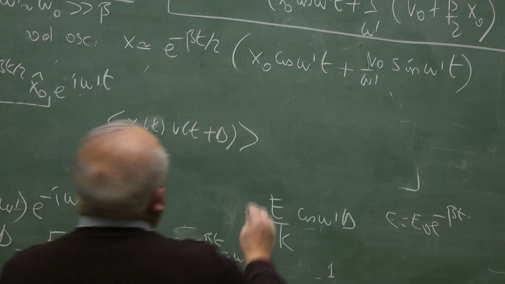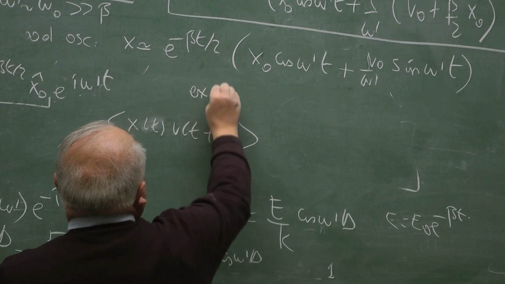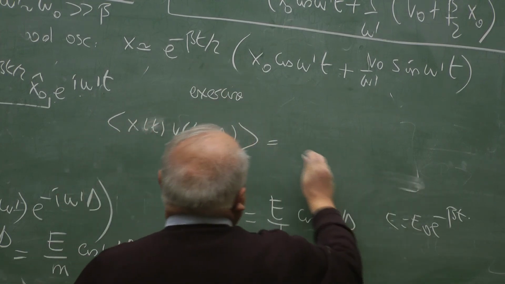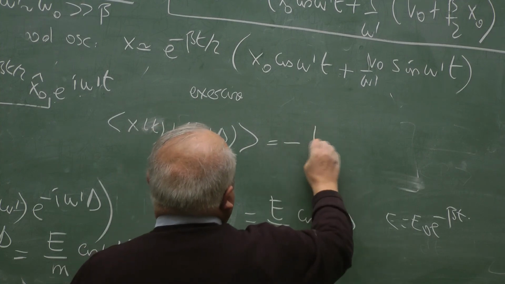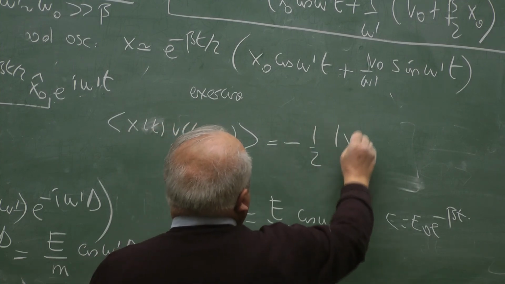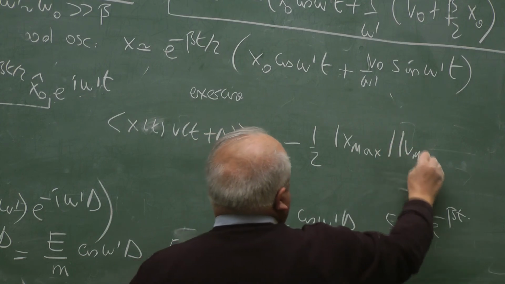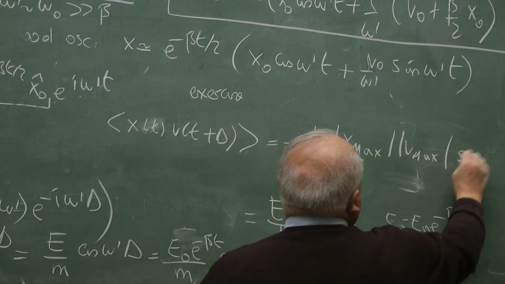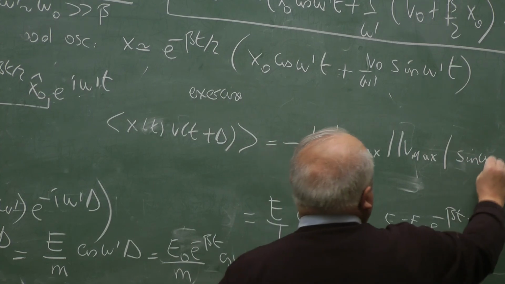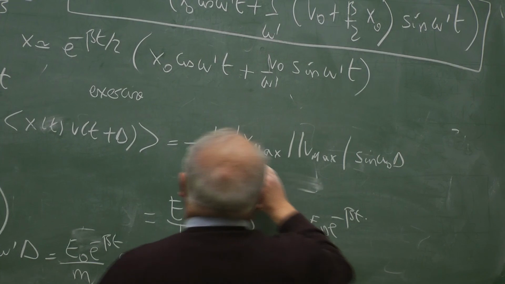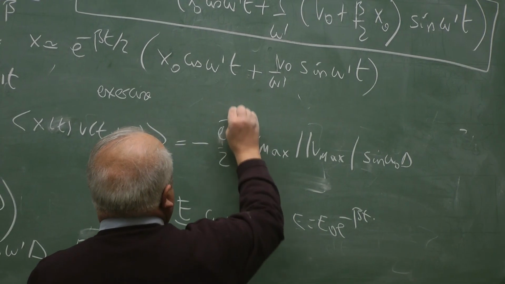All right, show that, exercise. Show that this is minus 1/2 x max v max sine omega 0 delta, not cosine, sine, omega 0 delta, and times e to the minus beta t.